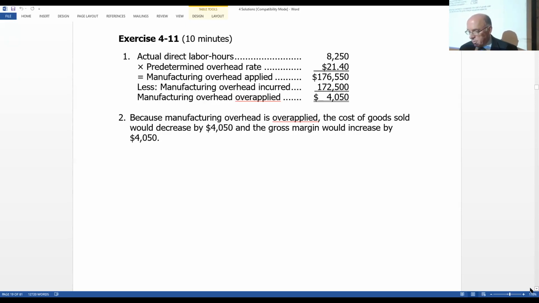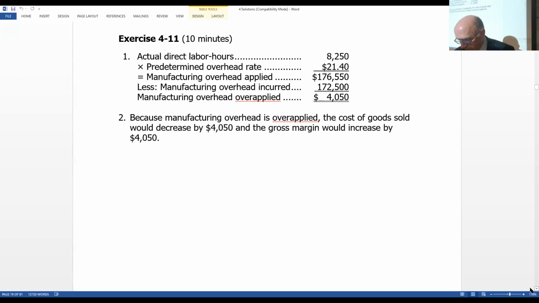If the actual is 8,250, that's a larger number than what they estimated at 8,000. So something's going to be over-applied because the volume is going to be higher, unless the numbers are way out of whack. But all other things being equal, it looks like something's going to be over-applied because they worked an extra 250 hours. So it's probably going to be over-applied, but let's see.